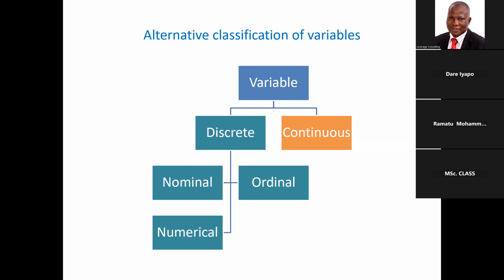So you get to understand better that when we want to summarize, how do we summarize a variable? How do we present a distribution? You will see that there are some graphical methods used for discrete, some for continuous. When we come to probability distributions, there are discrete probability distributions and continuous probability distributions.